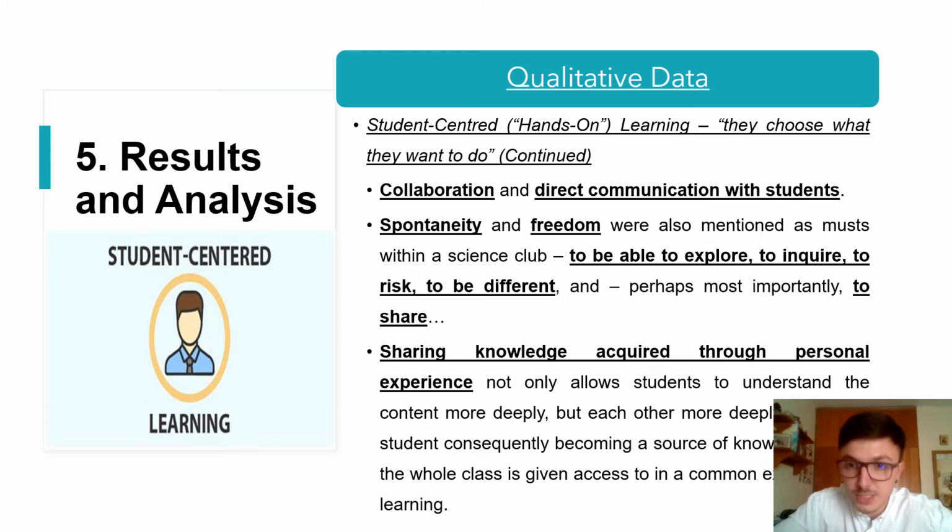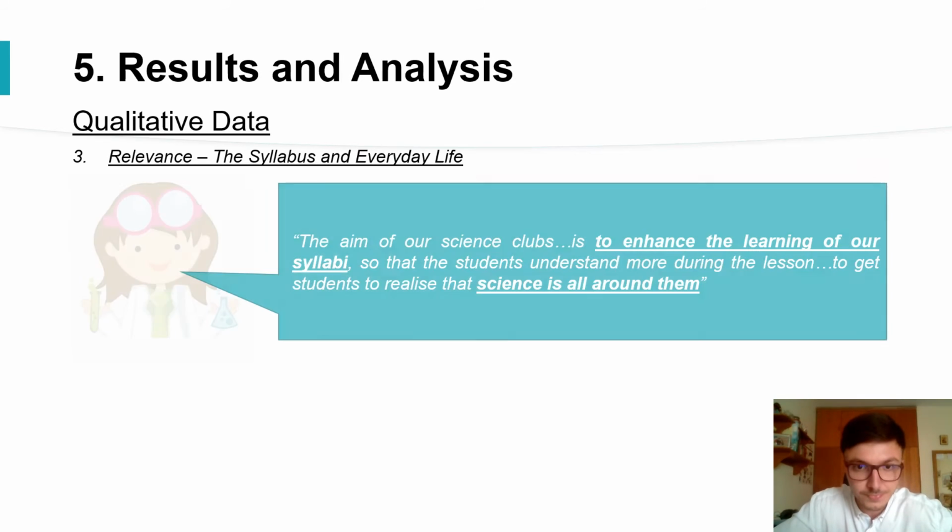The ability to explore, inquire, risk and be different, and most importantly, the sharing of knowledge acquired through personal experience, which not only allows students to understand the content more deeply, but each other more deeply, where each student becomes a source of knowledge, so that the entire classroom becomes a community of learners and of learning.